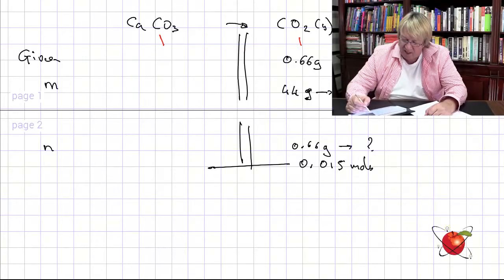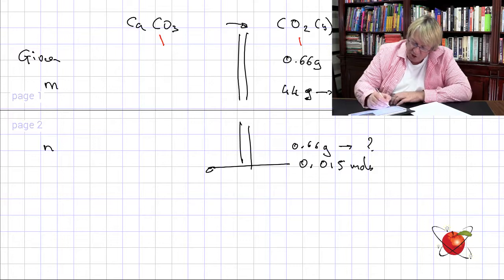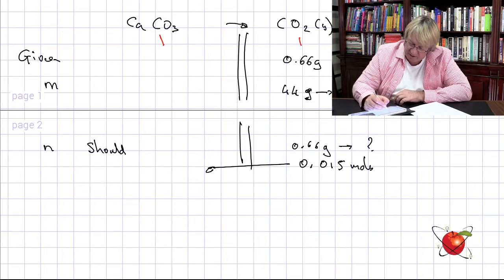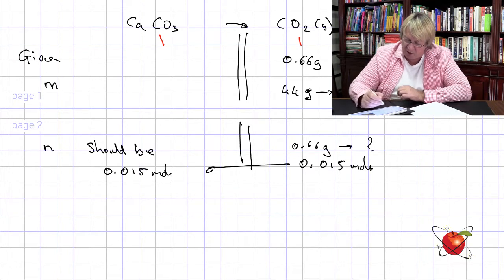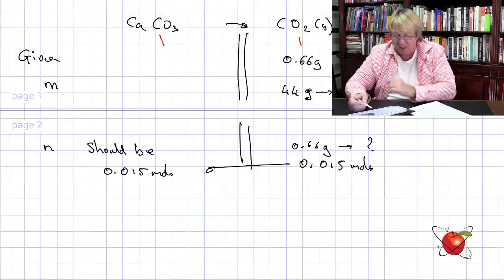We say to ourselves, 0.015 of CO2 should also have given me 0.015 moles of CaCO3. So that's what I actually had, because all I got was 0.66 grams, which is 0.015 moles of CO2 when the reaction was over.